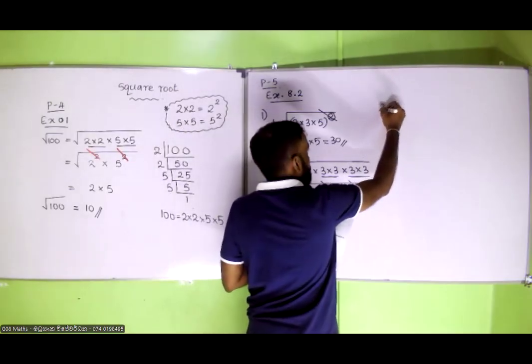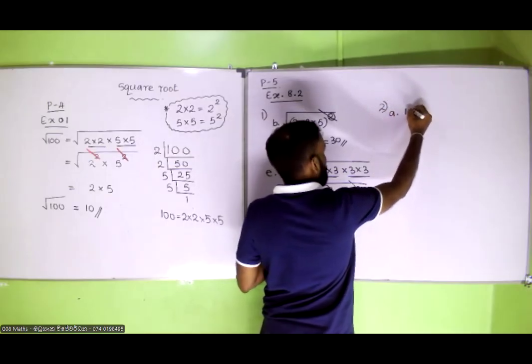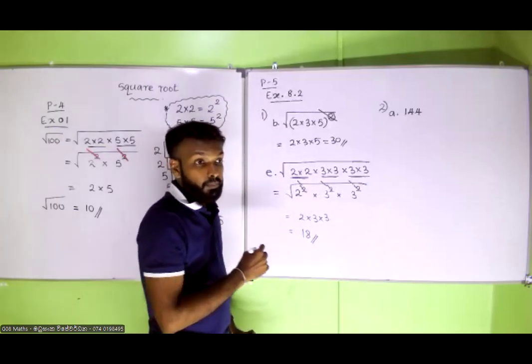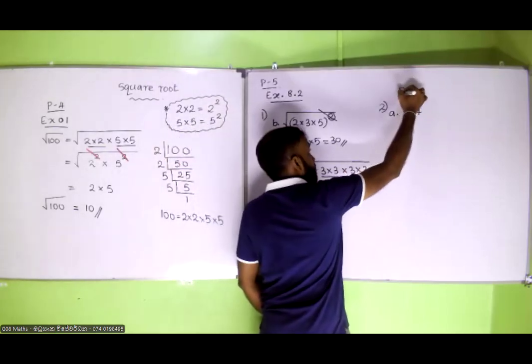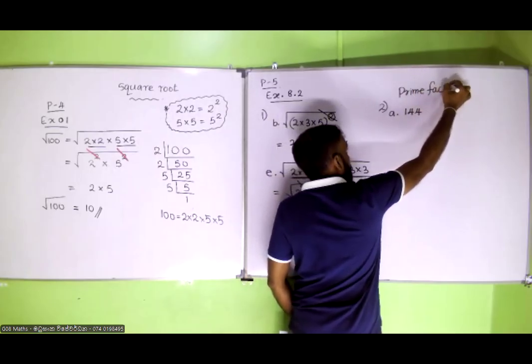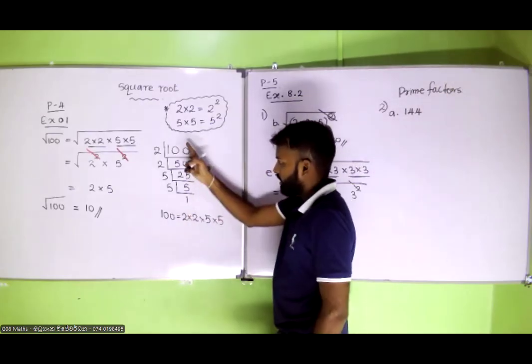Shall we do the second question, part A? 144. You have to use the prime factors. Use prime factors to find the answer, like I did here.